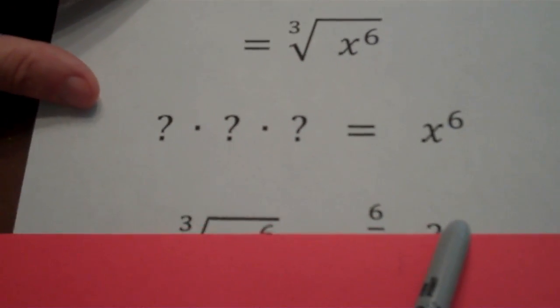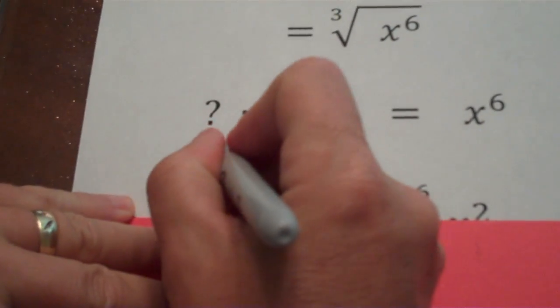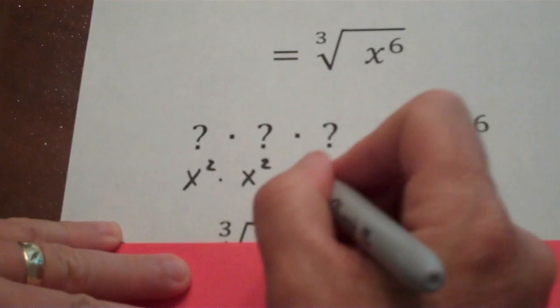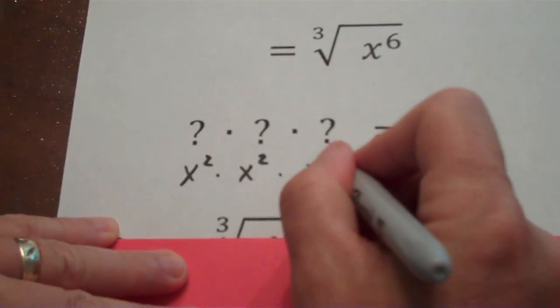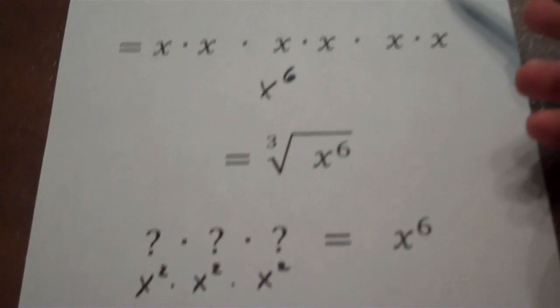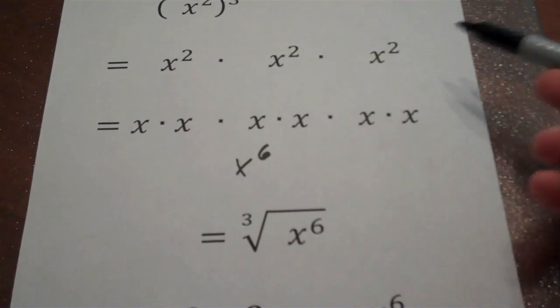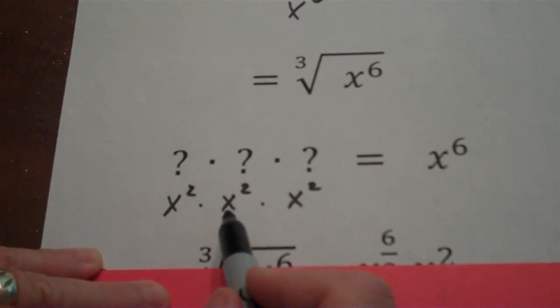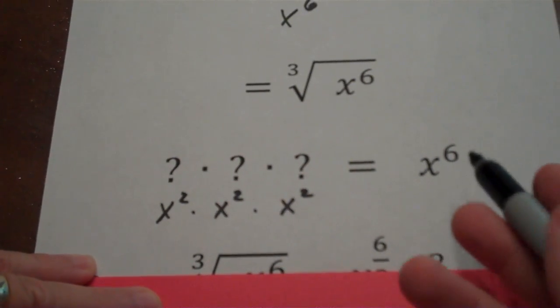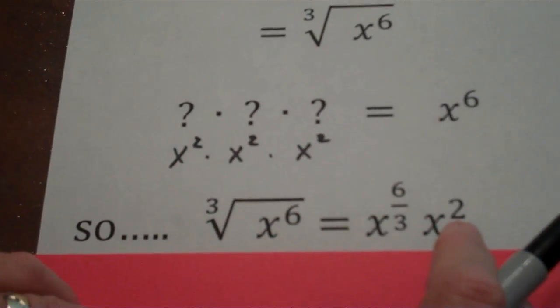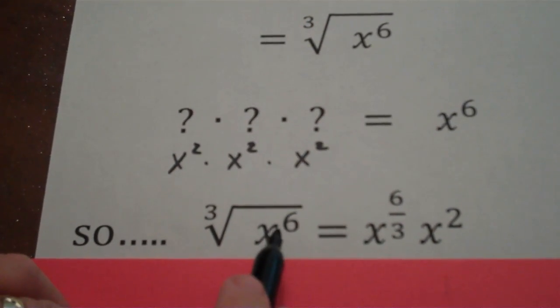Well, basically what we're saying in this case is that if I had x to the second times x to the second again times another x to the second, pretty much what I just had up above, if you'll recall. What I get if I multiply 2 x's times 2 more x's times 2 more x's is basically x to the sixth power.